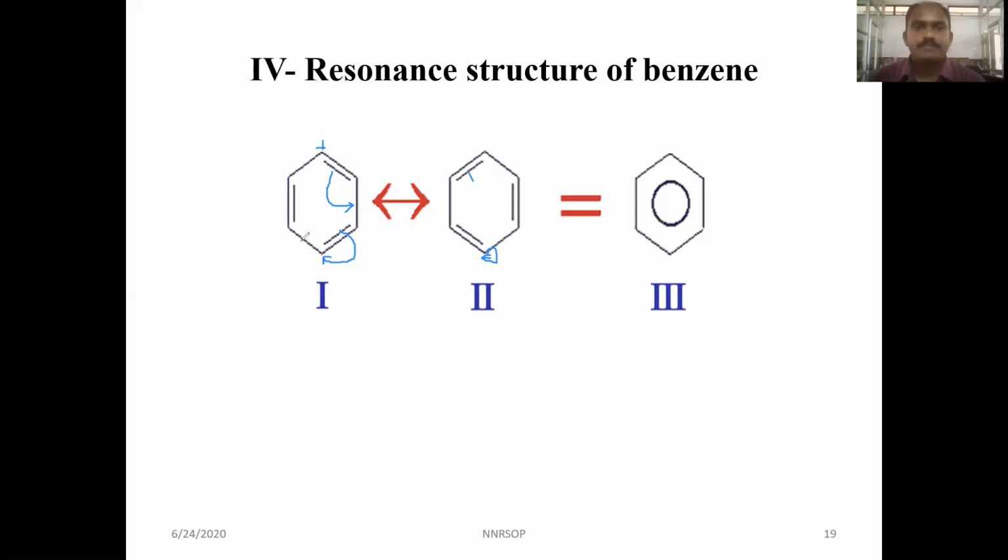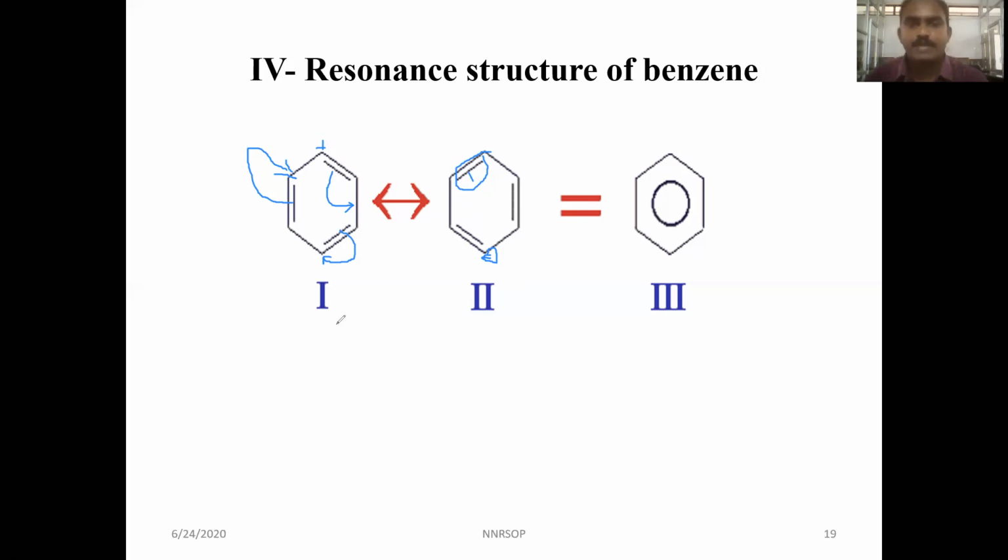When it forms a pi bond here, this bond shifts here. So the negative charge here and the positive charge here will form a double bond here. So here the delocalization took place and there is a hybrid structure.